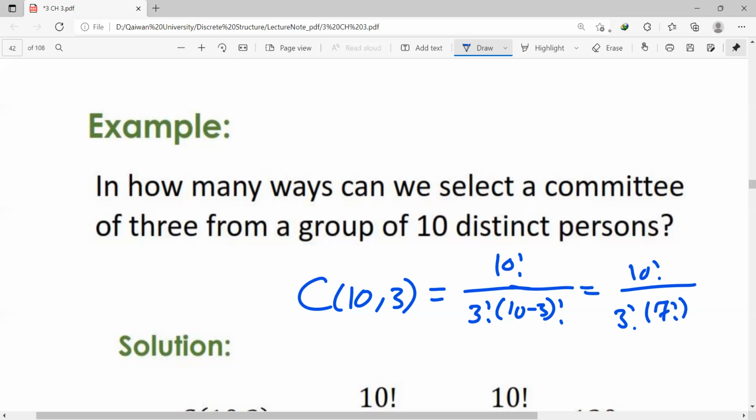We now expand the numerator, because 10 factorial becomes 10 times 9 times 8 times 7 factorial. These two cancel out. Here we have 3 factorial, which is 3 times 2. 3 with 9 cancel out, and here we get 3.